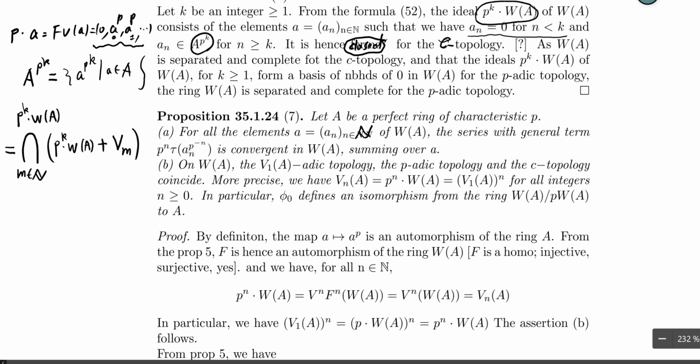Well, a little tricky. Let's see. I claim this is closed, as we already saw. An open subgroup is a closed subgroup.